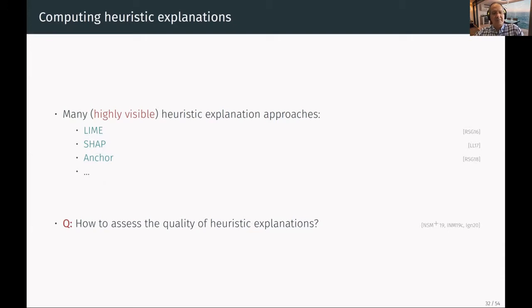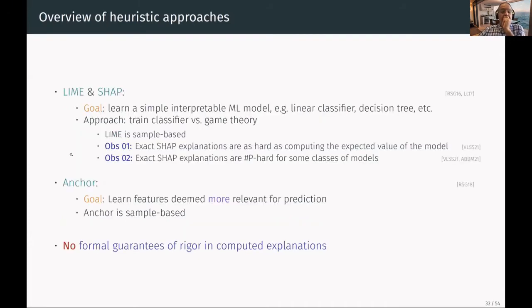Can we trust these explanations if we are going to use this in situations that are high risk? And so very briefly, for those of you that might not be familiar, Lime and Sharp, they don't really compute explanations. They compute a simpler model, which they say is the explanation. So they compute a simpler interpretable machine learning model, a linear classifier, a decision tree, and so on.